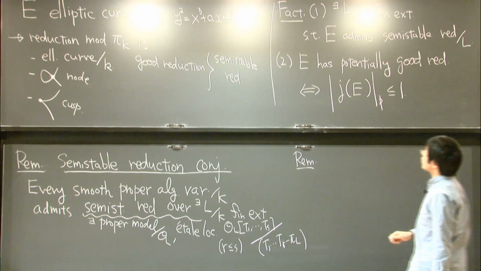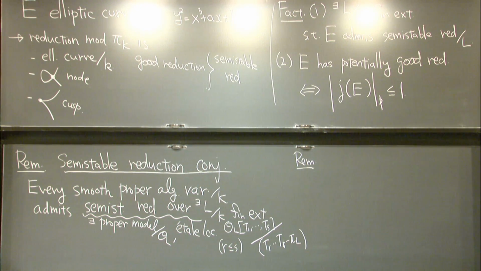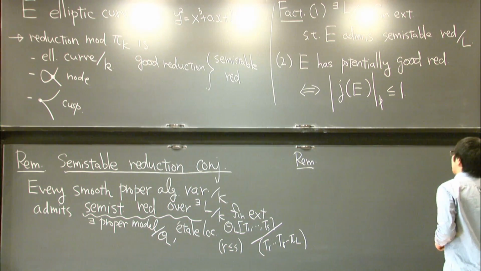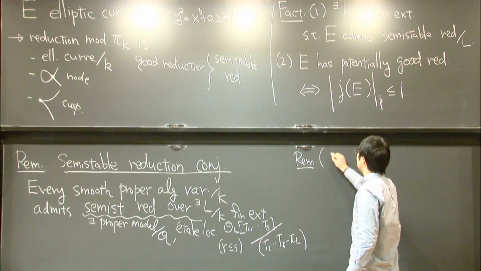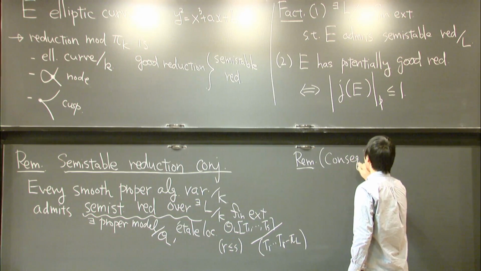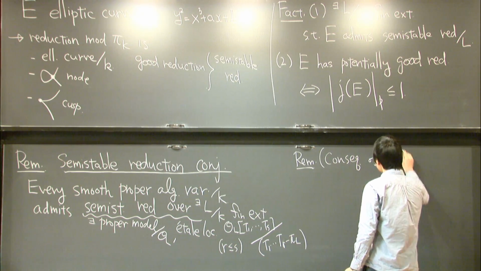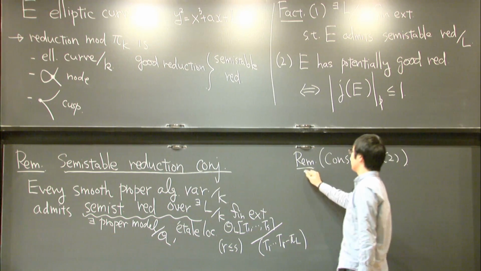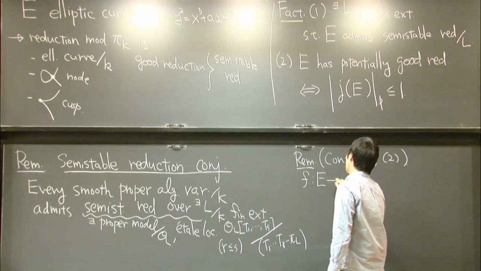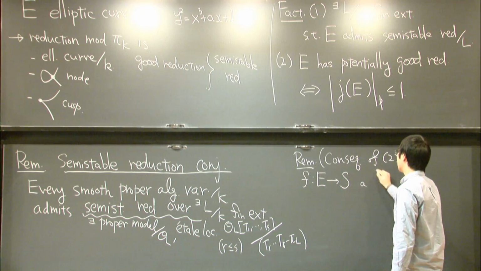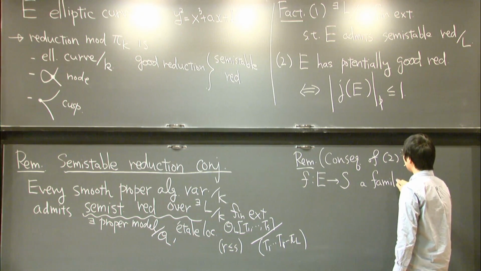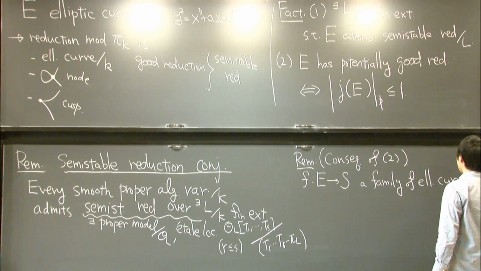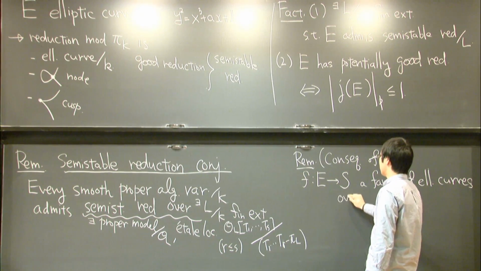And another remark is related to the second fact. Namely, let's consider a family of elliptic curves over some smooth variety.